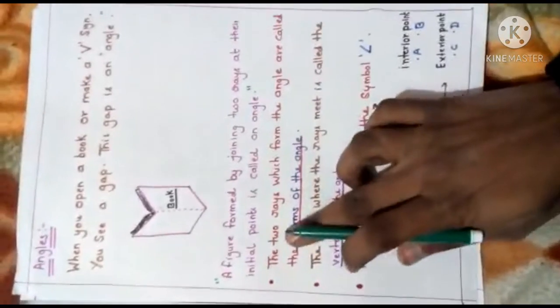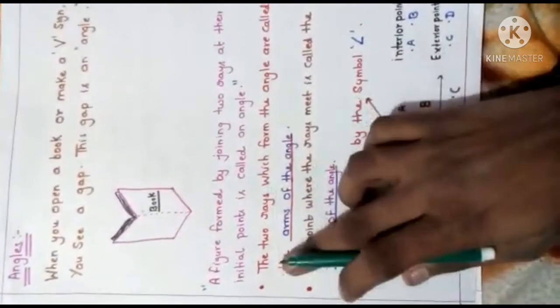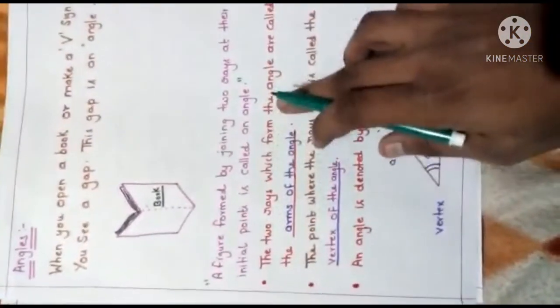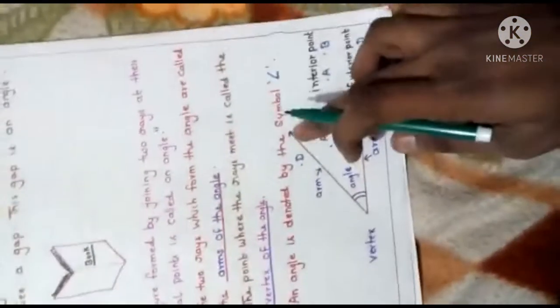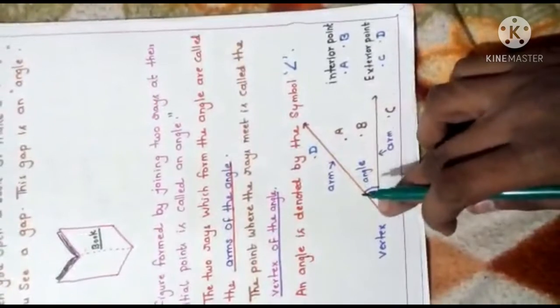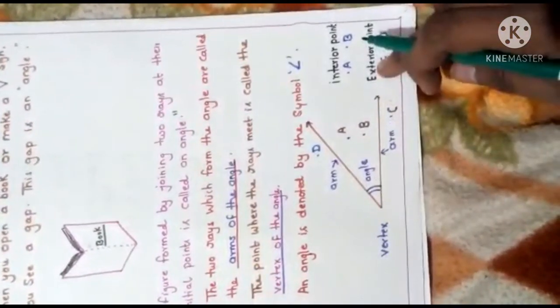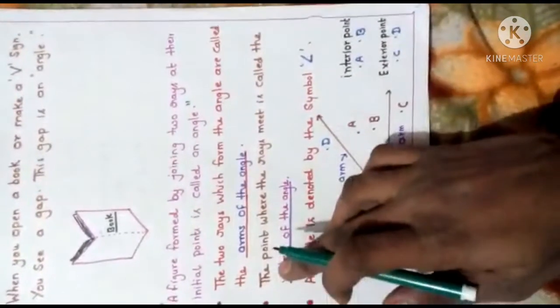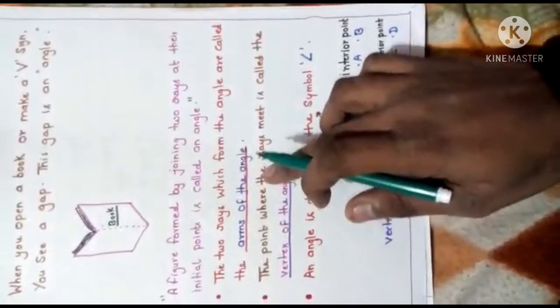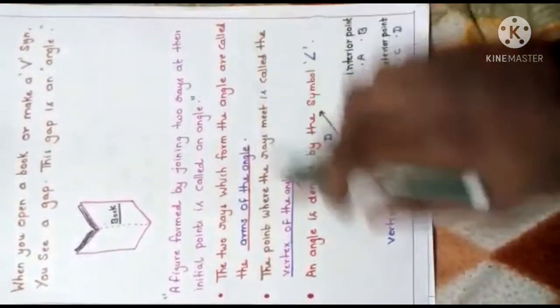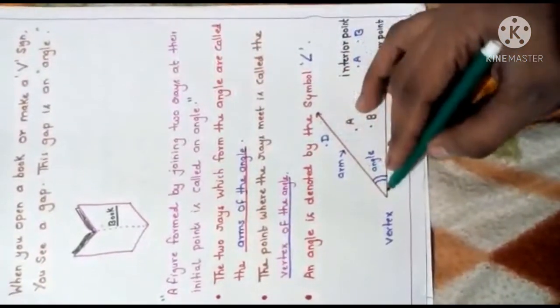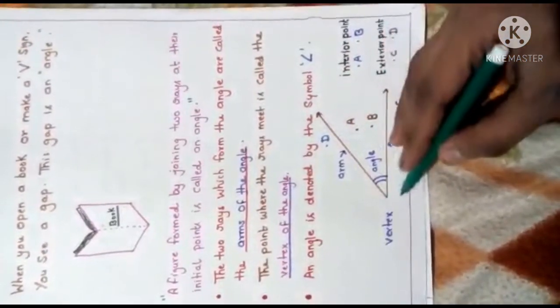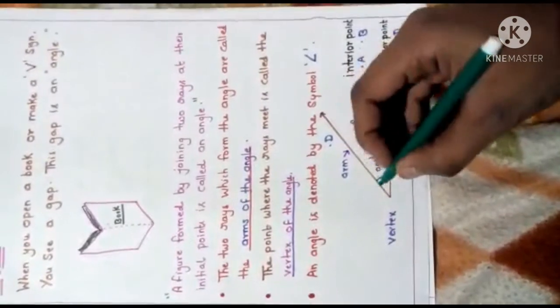Next, the two rays which form an angle are called arms of the angle. Here this is an arm and this is also an arm. Next, the point where the rays meet is called the vertex of the angle. The vertex is present here, so you note down.